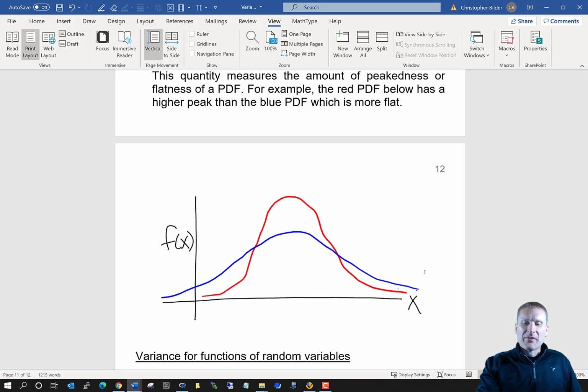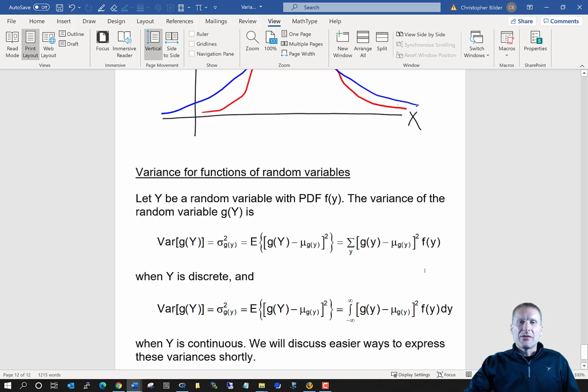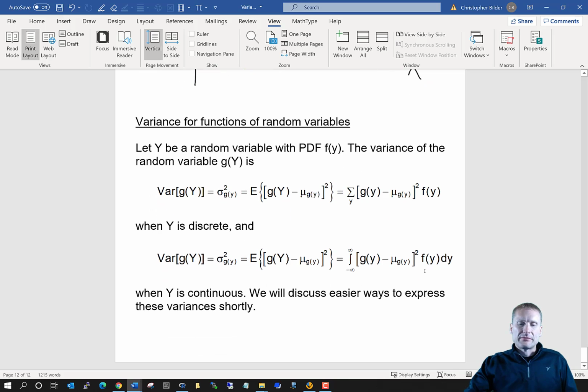In other words, notice that the red probability distribution that I crudely drew there has a higher peak than the blue, and so its kurtosis would be larger. I have to admit that kurtosis is not necessarily as important as, let's say, the skewness, but it is something that you will hear talked about sometimes.